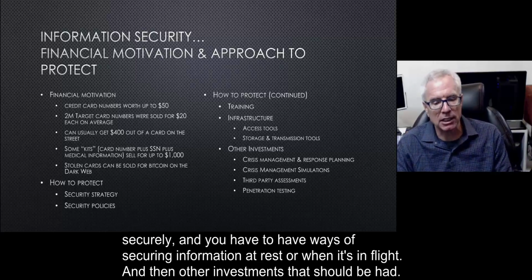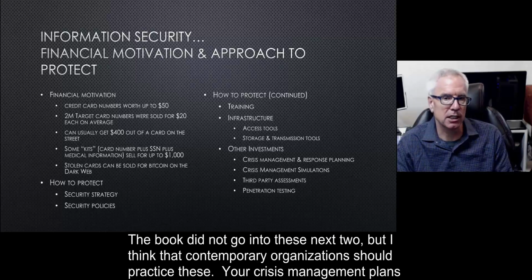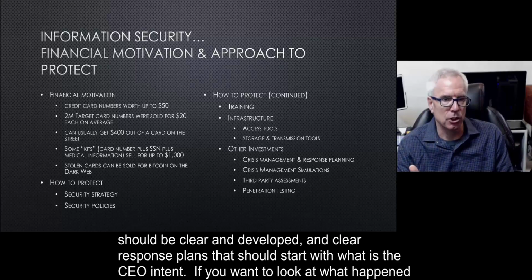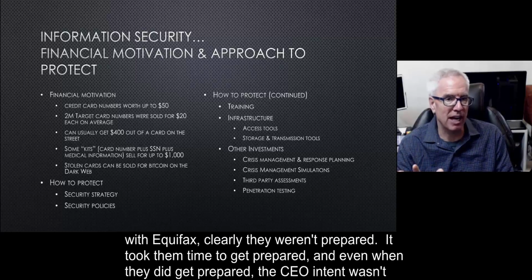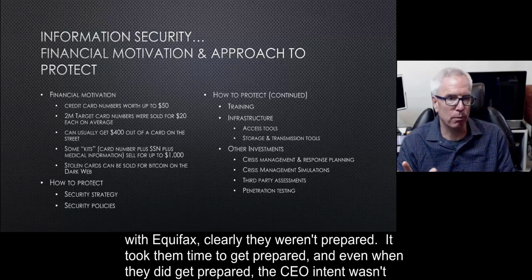The book did not go into these next two, but I think that contemporary organizations should practice these. Your crisis management plans should be clear and developed, and clear response plans that should start with what is the CEO intent. If you want to look at what happened with Equifax, clearly they weren't prepared.